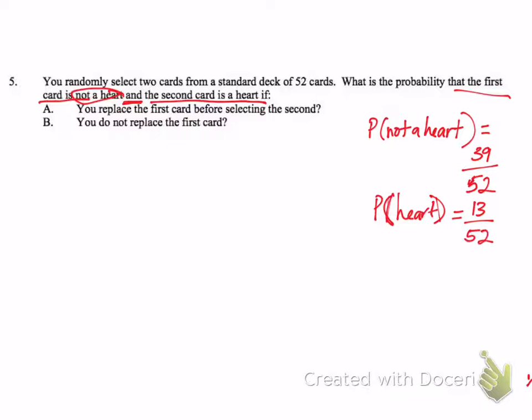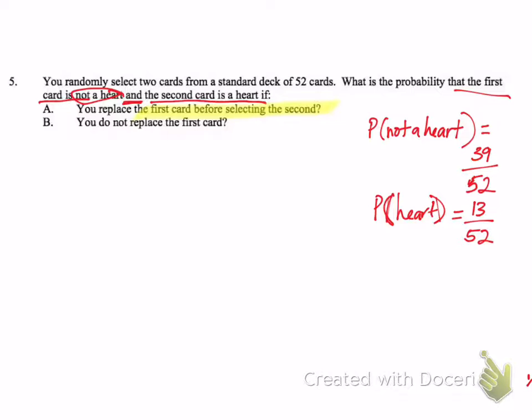13 out of 52. So part A, it says you replace the first card before selecting the second card. But something that's different is that now my numerator may not change because these 2 events are what? What did we learn on the first page? Like, do they ever intersect? No. So we call them mutually exclusive. So not a heart and a heart, they are mutually exclusive.